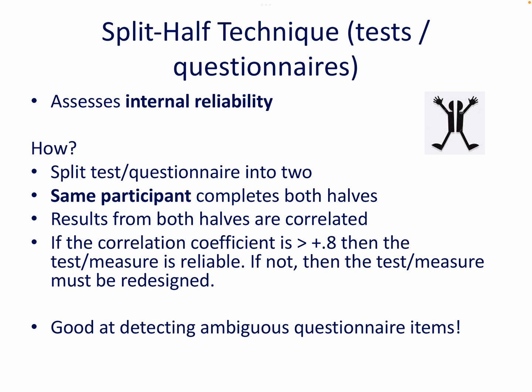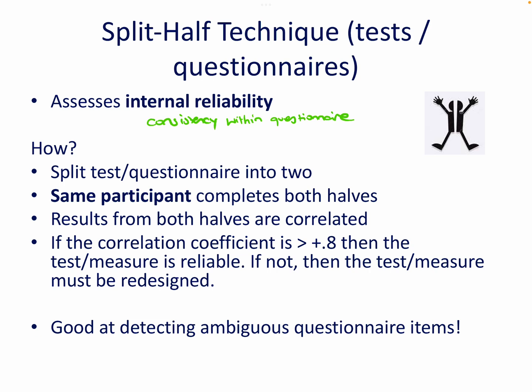And this is a measure of internal reliability. Remember, this is about the consistency within the measure itself, within the questionnaire in this case. Do all items of that questionnaire equally measure the same construct?